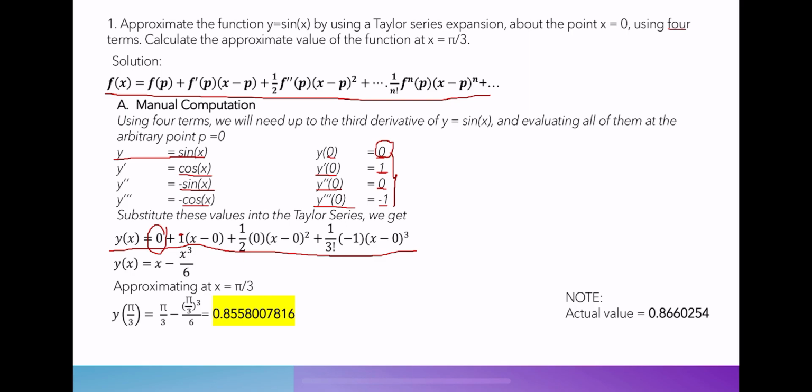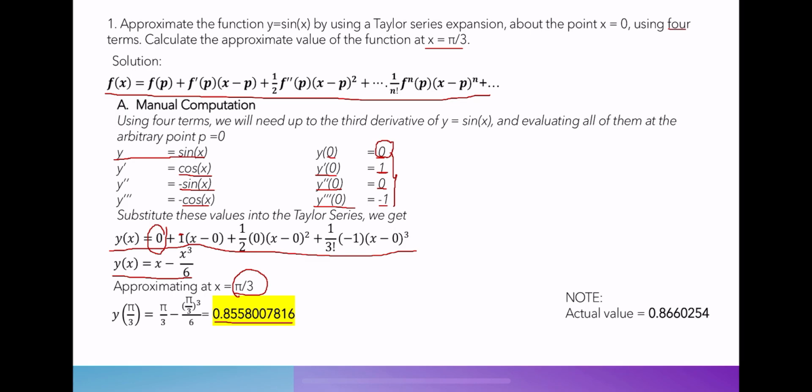Now we're ready to simplify this. We arrive with the expression x minus x cubed all over 6. Now substituting the value of pi over 3, as mentioned in the problem, at x equal to pi over 3, that will be pi over 3 minus pi over 3 quantity cubed all over 6.